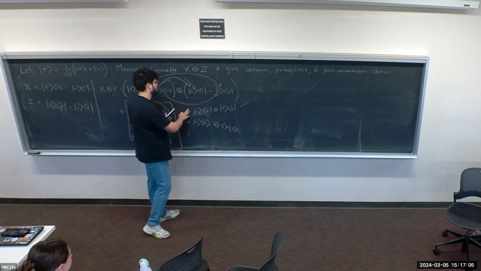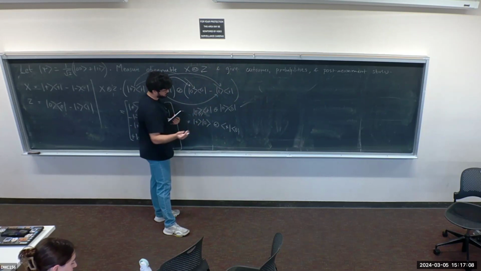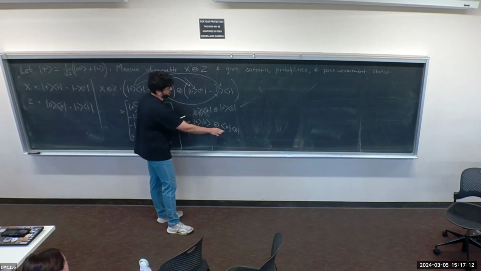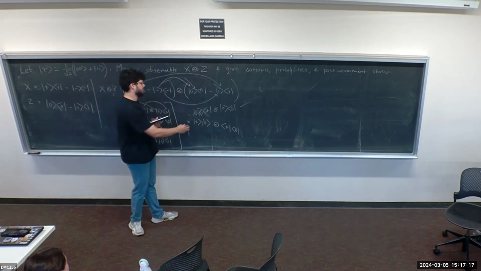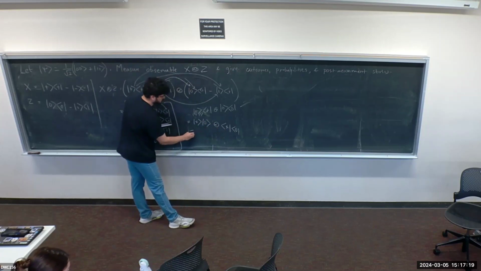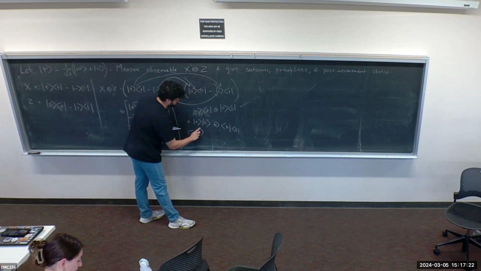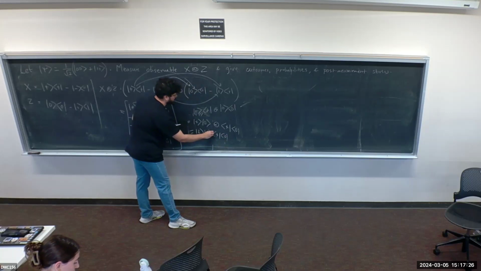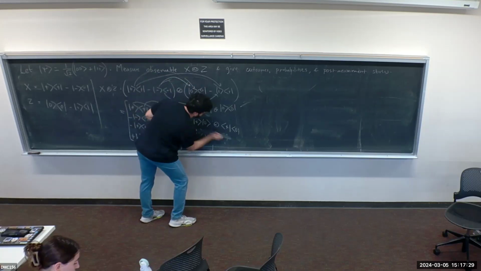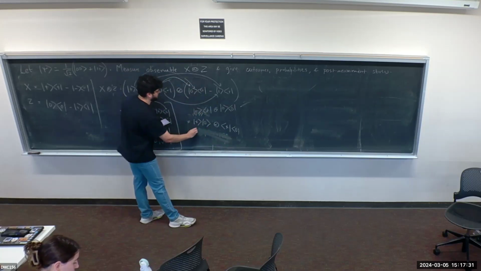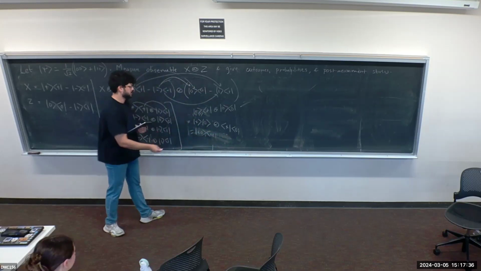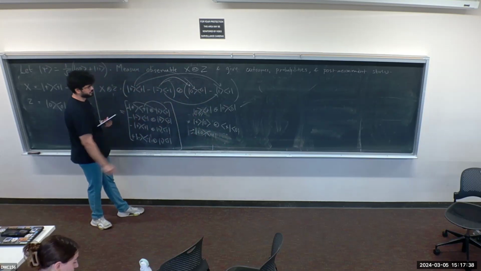And then since this is an outer product, you can just ignore the tensor, because outer product and tensoring a ket and a bra is the same thing. So this is just, and you can simplify the notation and write it like this: plus 0 outer product with plus 0. This is the same as this term.